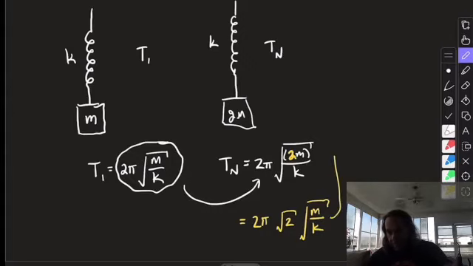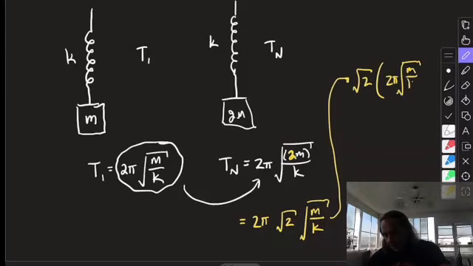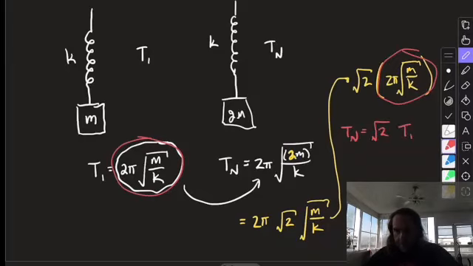And then I would rearrange that so that I have the square root of 2 out front, and then inside I get this 2 pi times the square root of m over k. And that's where I notice that this is my original function, which tells me that T new is going to equal the square root of 2 times the original time.